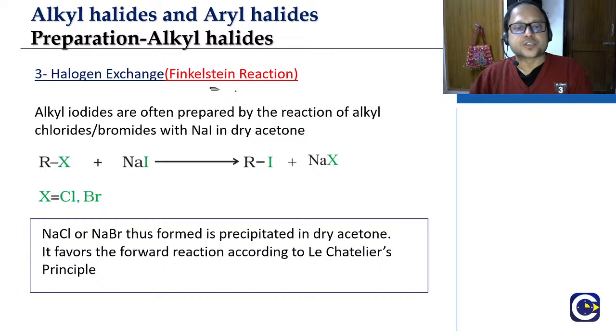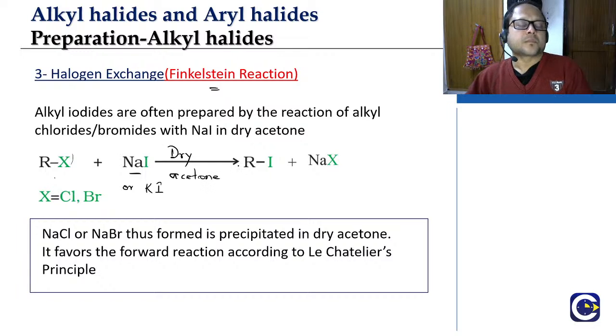So basically what you are doing, you are initially taking chloro or bromoalkane, reacting that with the help of NaI, or you can take KI also. And we do this reaction in dry acetone. What is dry acetone?